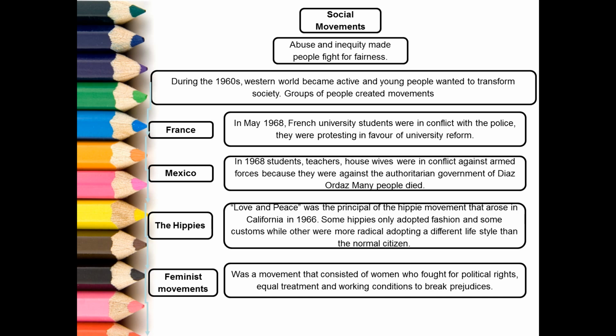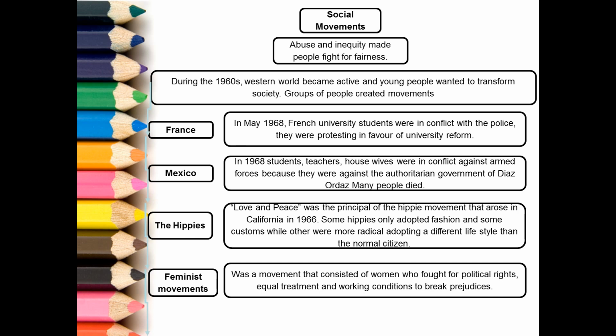Now, the first example that I'm going to talk about is the one here in France. The peculiar thing is that France and Mexico both experienced a social movement in the same year, 1968.